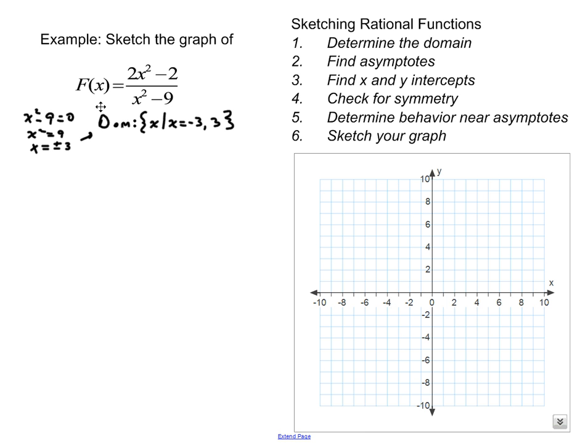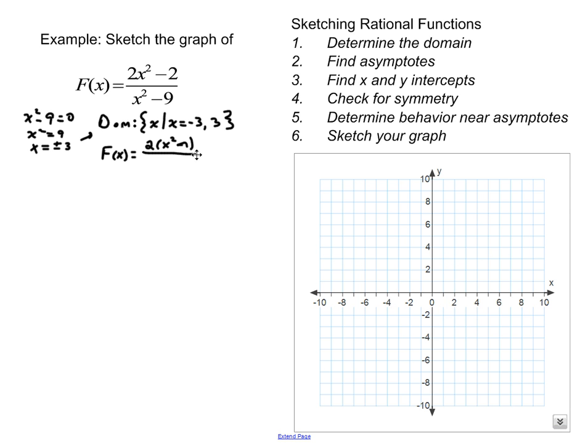Now the next thing before we start finding any vertical asymptotes is that we should try and factor our numerator and denominator as much as possible. So I'm going to rewrite f of x this time. F of x is going to factor in our numerator as 2 times the quantity x squared minus 1.